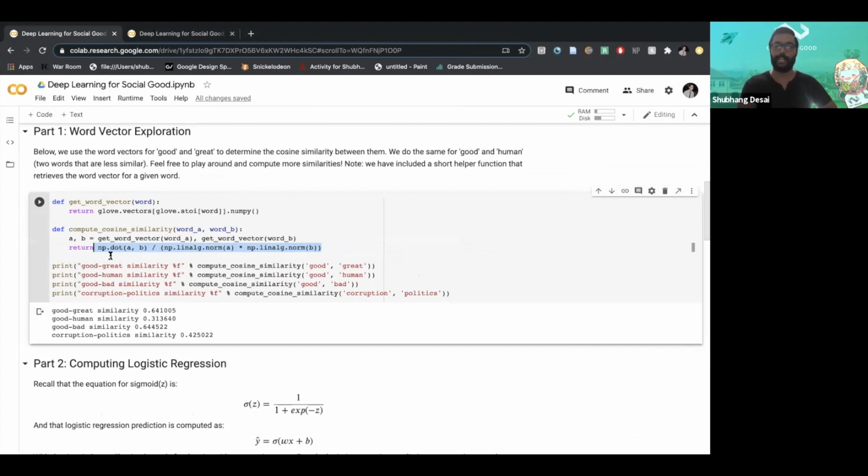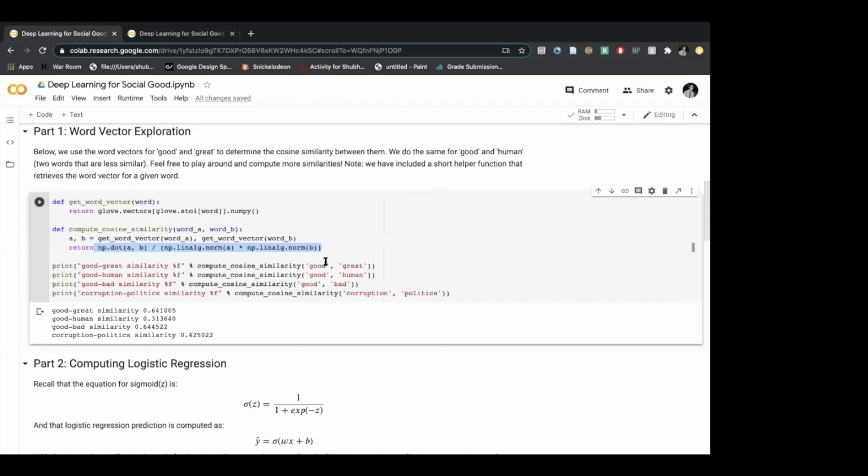We're just taking the dot product between the two words, and then we normalize it by the Frobenius norms of the two words, essentially. So it's bounded between 0 and 1. The closer it is to 1, the more similar. So two vectors that are exactly identical would have a cosine similarity of 1, and two orthogonal, so two perpendicular vectors, would have a cosine similarity of 0.